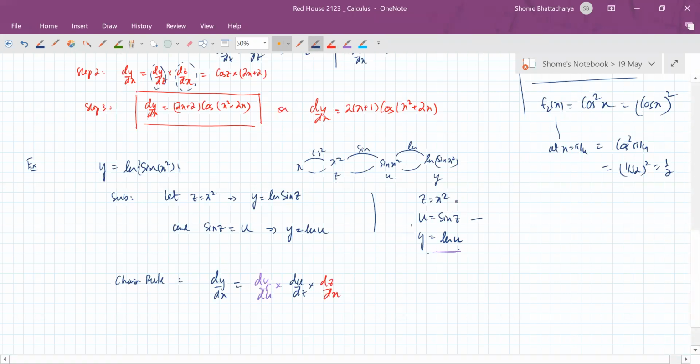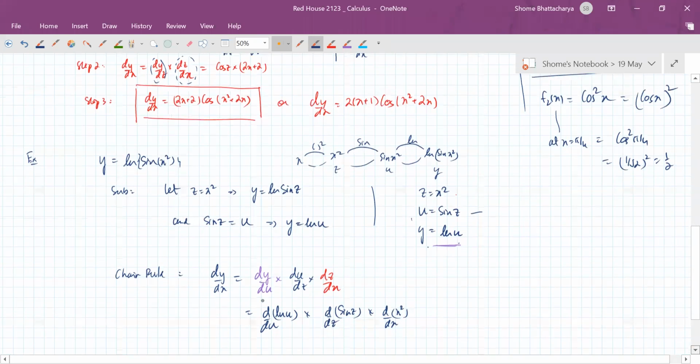Now we'll substitute each of these. So this is differentiation with respect to u of ln u into differentiation with respect to z of sine z into differentiation with respect to x of z, which is x square. So just one extra step comes in between, as you can see.